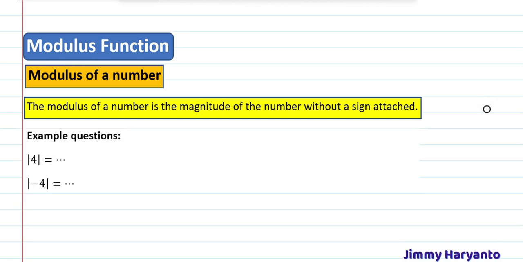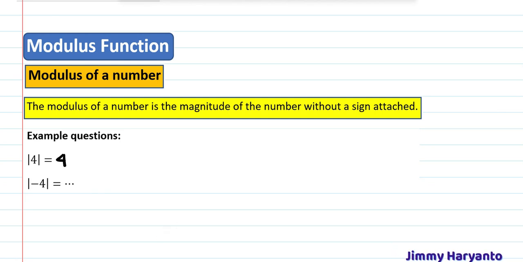The example question for the modulus of a number will be just like this: modulus of 4 and modulus of -4. This is only an example. The numbers can be anything. So the modulus of 4 will be equal to 4.